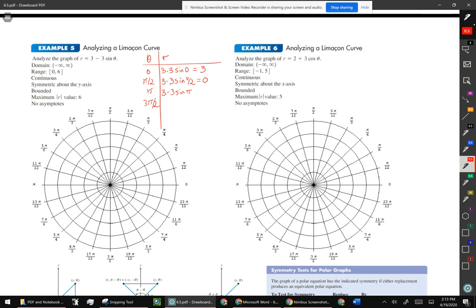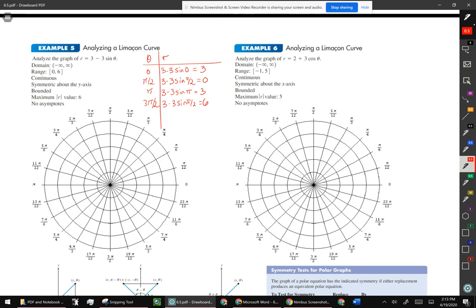Sine of pi is 0, so that's going to be a 3. And then 3 minus 3 sine 3 pi over 2. Sine of 3 pi over 2 is negative 1, so that's going to end up being 3 plus 3, which is 6. Once you have these, you can just plot them in.